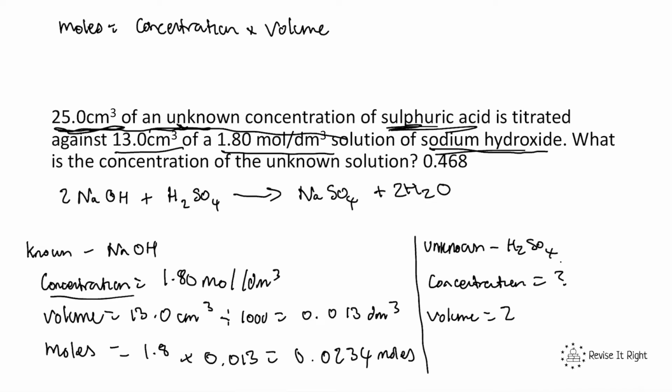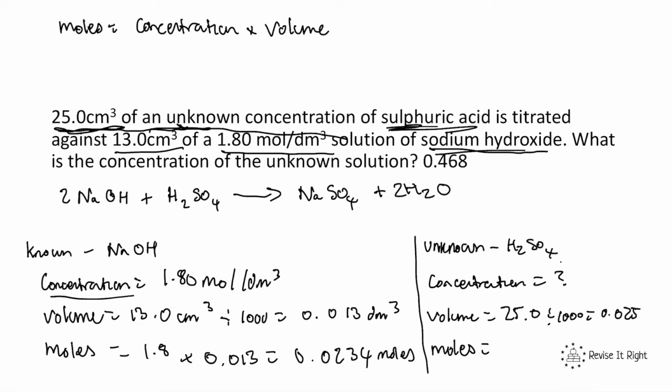Okay, so that's given to us there. So 25, again, we're going to need it in decimeters cubed, so we may as well convert it now, divided by 1,000. And therefore it gives us 0.025 decimeters cubed. And then we need to find our moles. Now we can do this by looking at our equation.